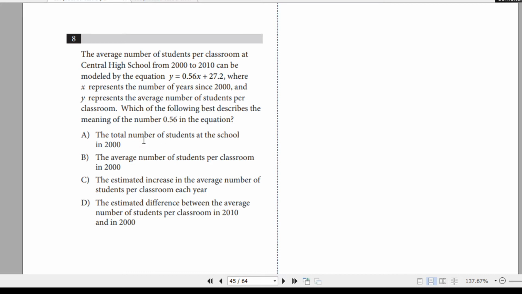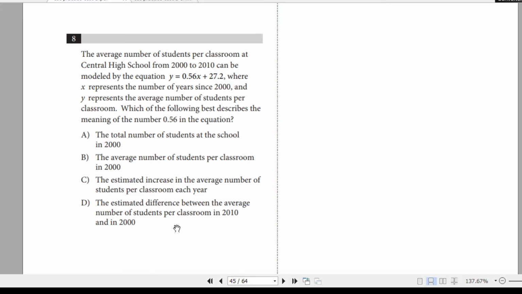So this is wrong answer. We need to tell that 0.56 means, so the average number of students per classroom, no way. The estimated increase in the average number of students per classroom each year. So this 0.56 tells that every year 0.56 students will be increased. So this is your answer, and D is of course wrong.